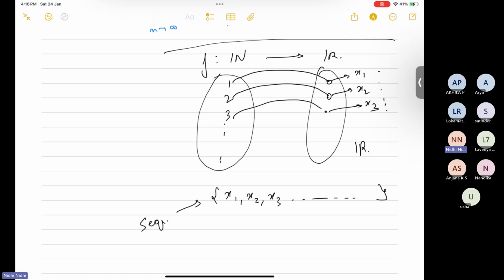So the sequence has real numbers, corresponding to each natural number. If we see this as a set, this set has infinite elements. These elements can be repeated as well. So is this clear, how the sequence is?